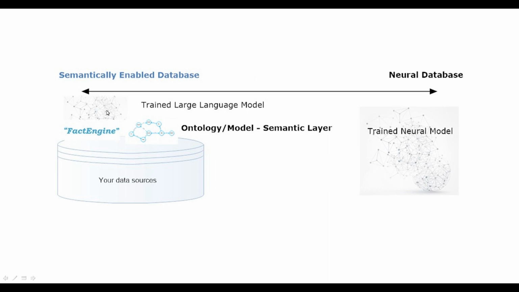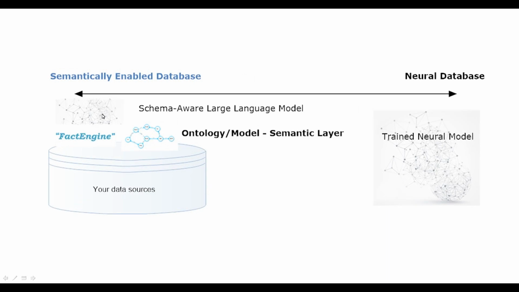And having a trained large language model that is schema aware over the top. So if I go to the next slide, what we end up with is a schema aware large language model which interprets our natural language queries, converts them to a FactEngine controlled natural language query, and which is executed against our data sources.